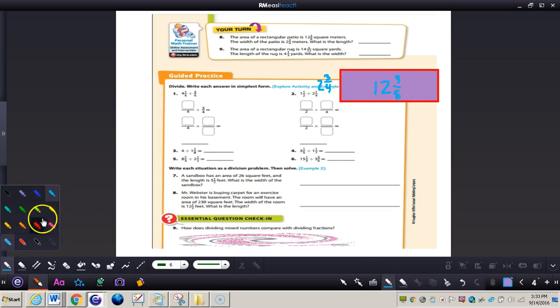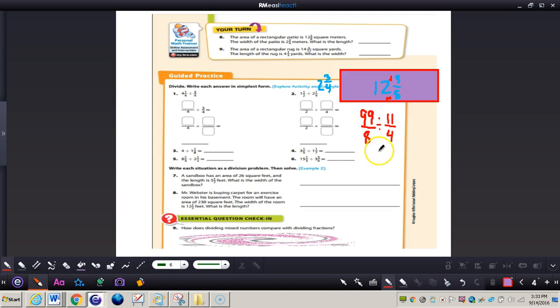So the first step will be taking that 12 3/8, changing it into an improper fraction. Multiply denominator by whole number, then add the numerator. That gives me 99 over 8. And then 2 3/4. Multiply denominator times whole number, it gives me 8 plus 3 is 11 over 4. So that's your division problem.